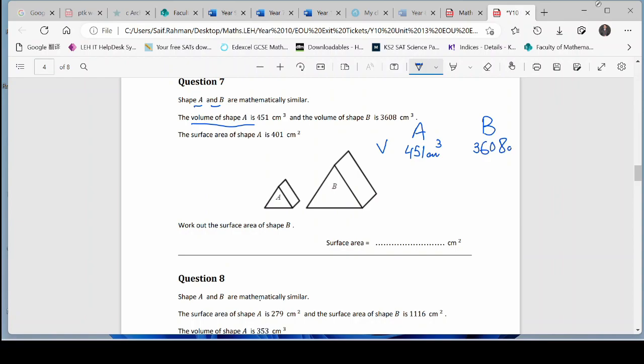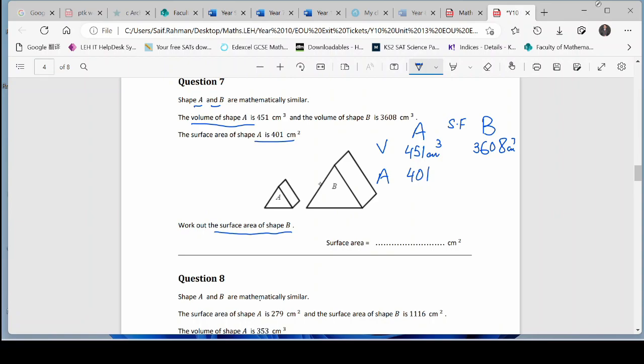So we have been given both the volumes. The surface area of A is 401, and we have to find the surface area of B. For that, first we have to find the scale factor. So A has been given to us and we have to find B. So B is a bigger one.